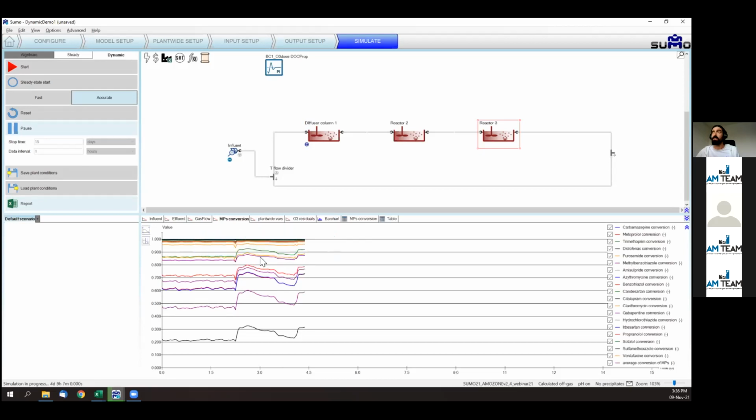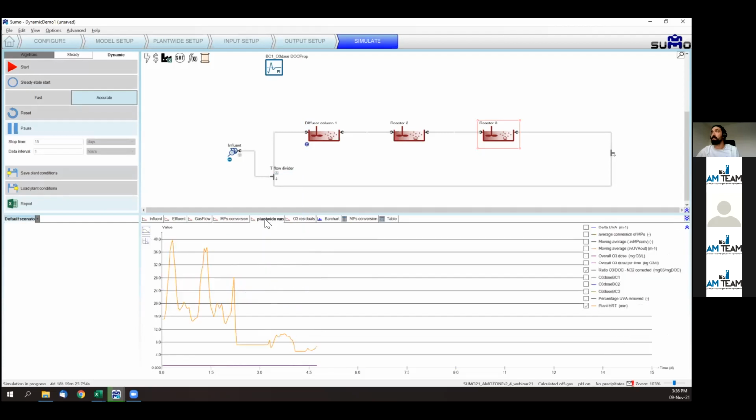Here we see an increase in the removal due to the rain event, which is lowering the strength of the water and then making the life of ozone and radicals longer.